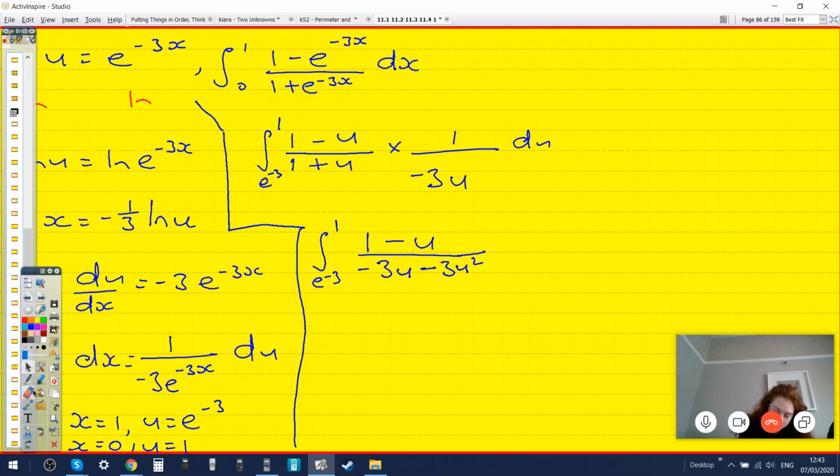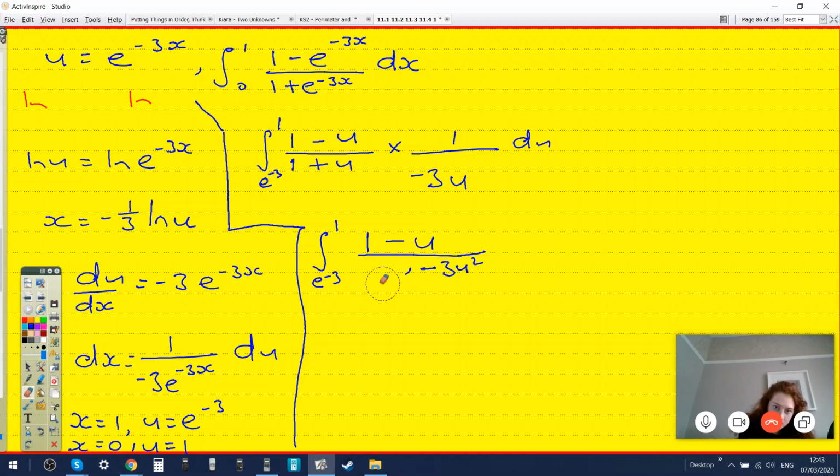So in that case, let's leave the bottom as minus 3u times by 1 plus u. Do you know how you'd write that as two separate fractions? Yeah.